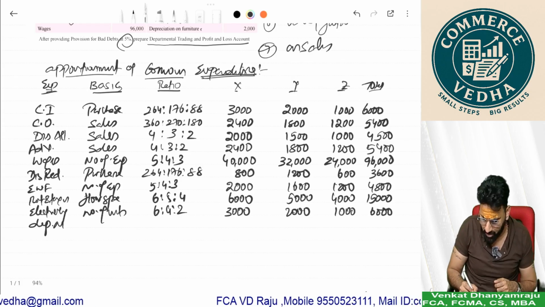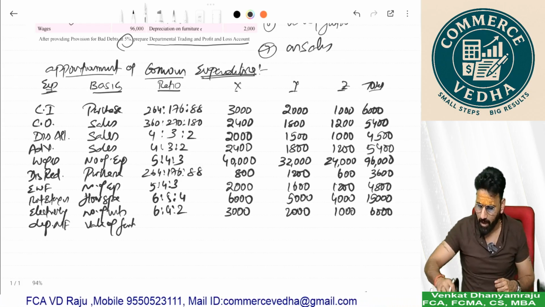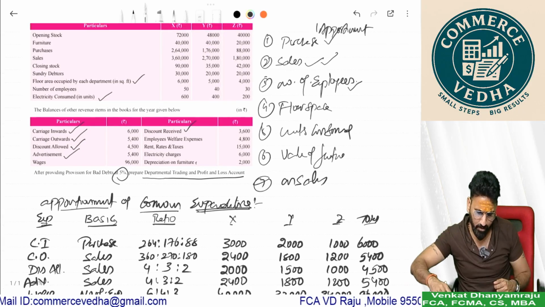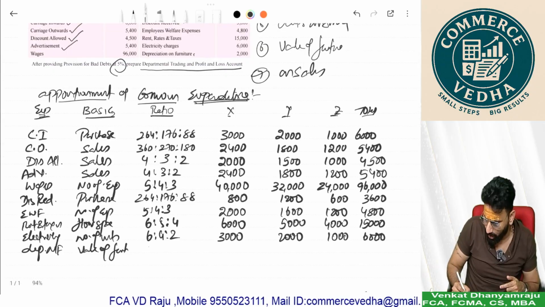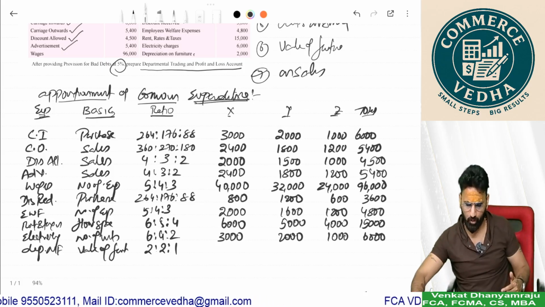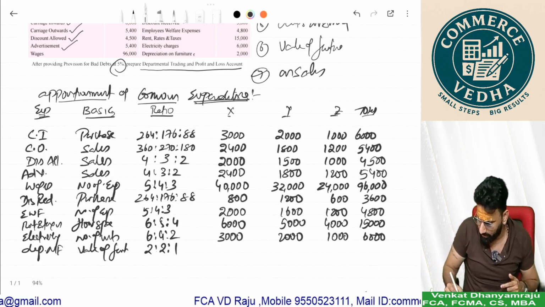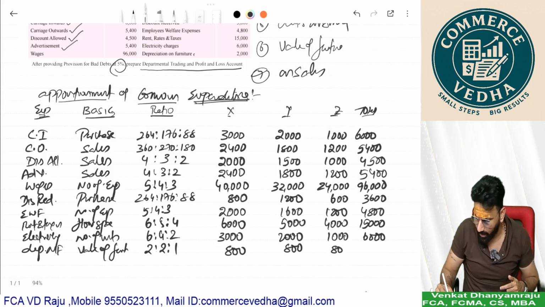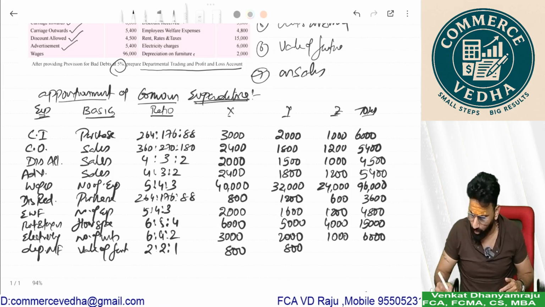And finally depreciation. Depreciation on furniture should be on the value of furniture, and the value of furniture here is given as 40, 40, 20. So 4 is to 4 is to 2, or you can say 2 is to 2 is to 1. So the total depreciation 2000 by 5 into 2, 800, 800 and 400.